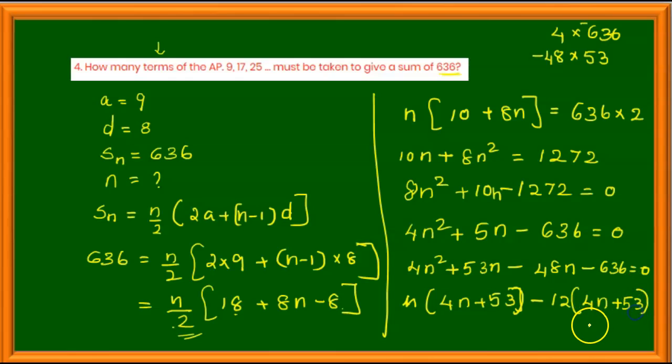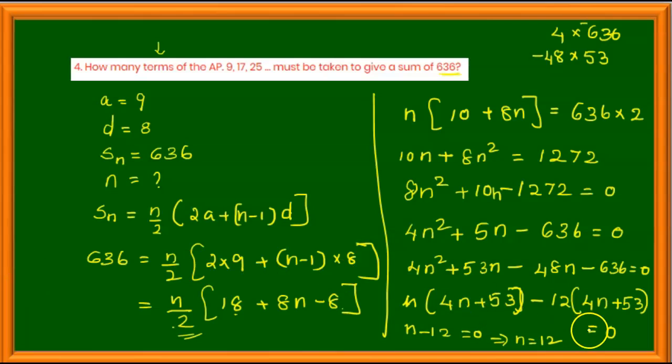So equal to 0. We are getting two factors, 4n plus 53 and n minus 12. So n minus 12 equal to 0, which implies n is equal to 12.